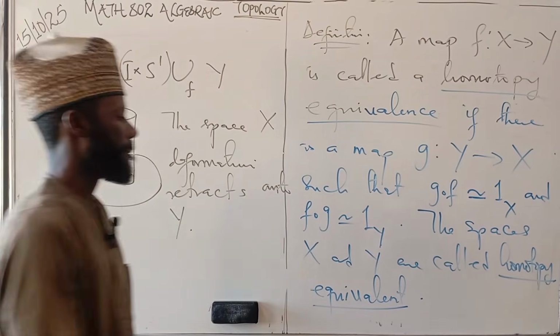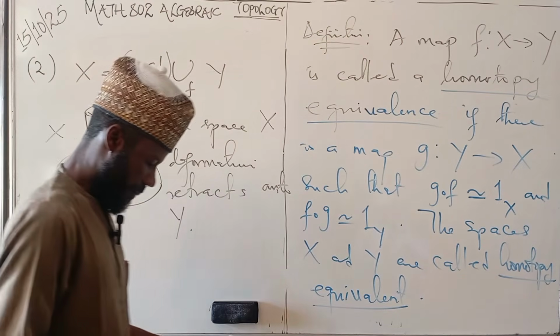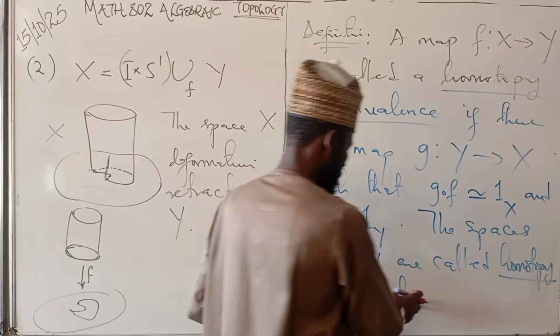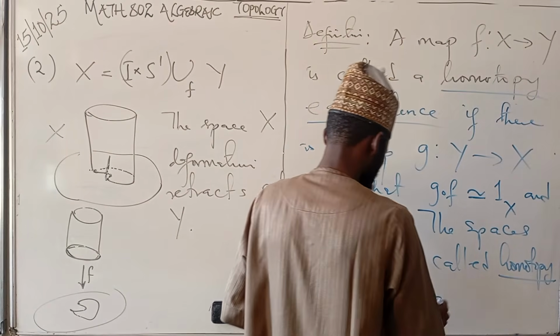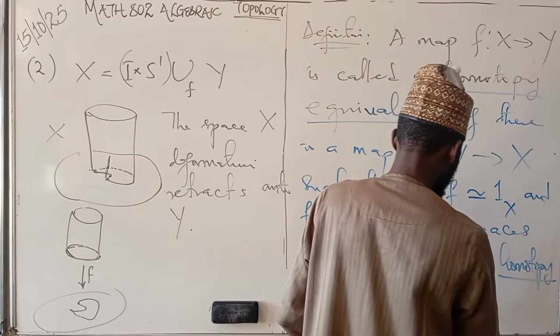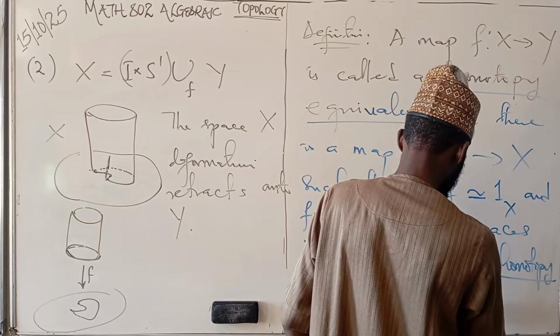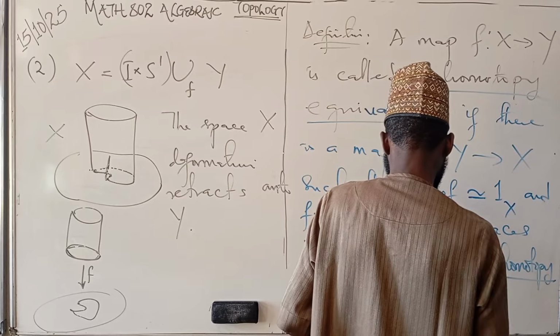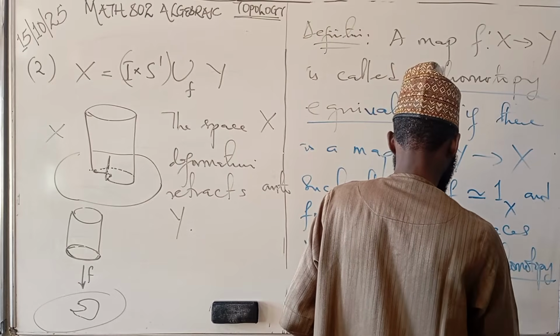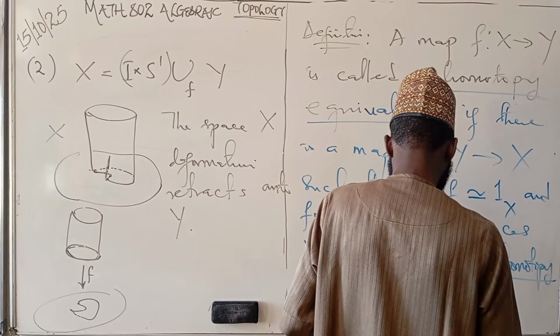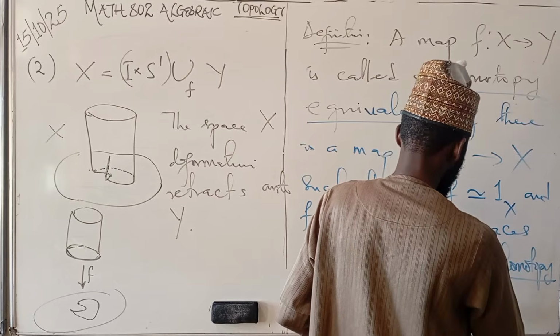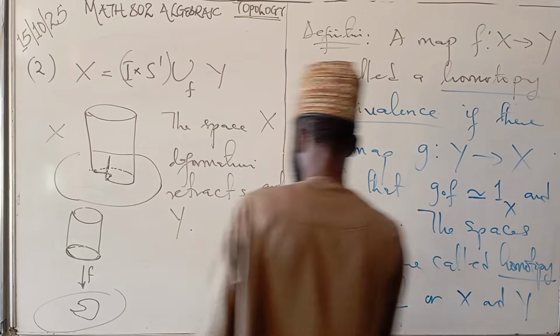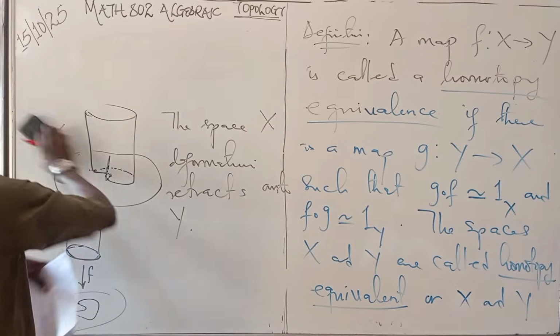So this is the concept of being homotopy equivalent. Or we say that X and Y have the same homotopy type.